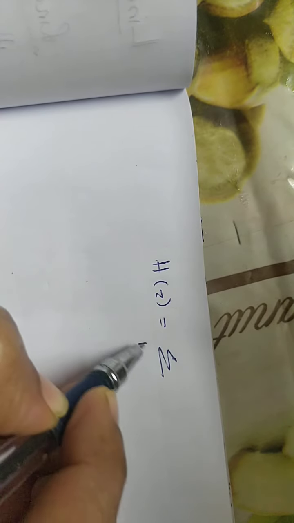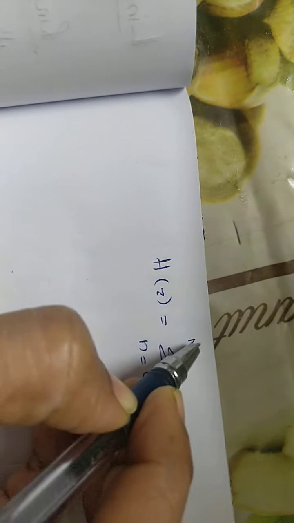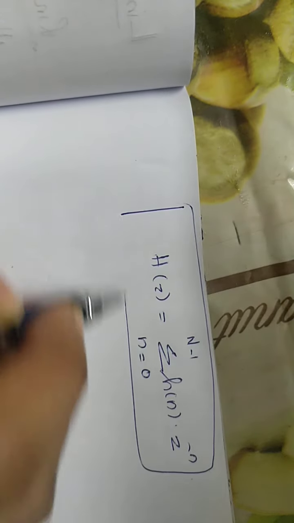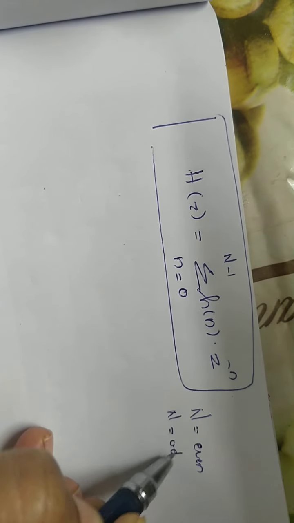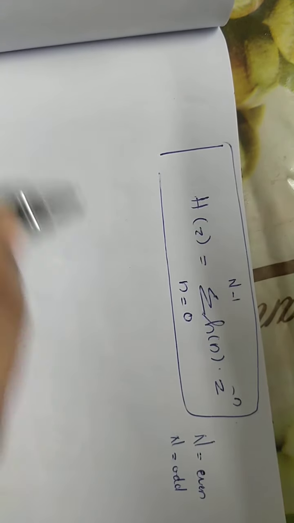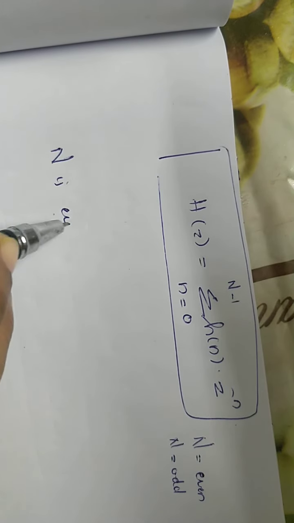Now let's write the equation. H of z is equal to sigma n is equal to 0 to N minus 1 h of n z raised to minus n. Here it has two cases. If N is even, we will consider the first case. If N is odd, we consider another case. First we will consider N is even.